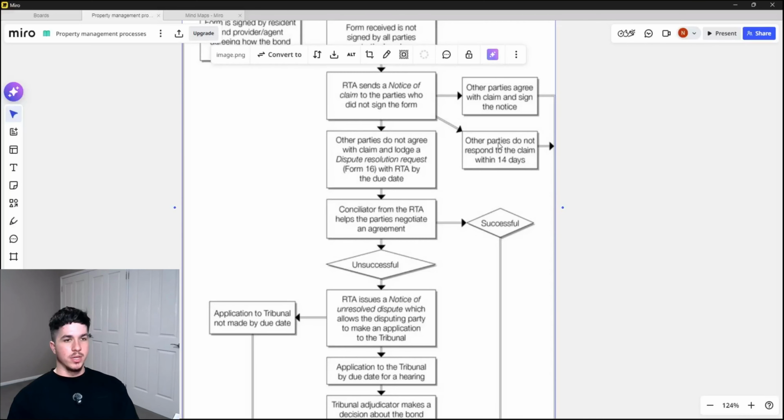The other option is the other party does not respond to the claim within 14 days. This is the one exception that I was talking about.